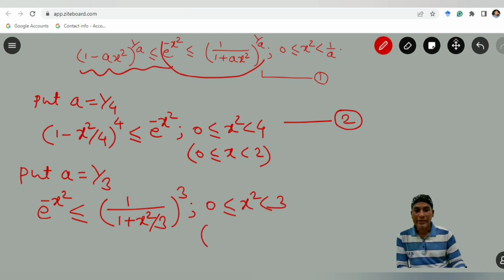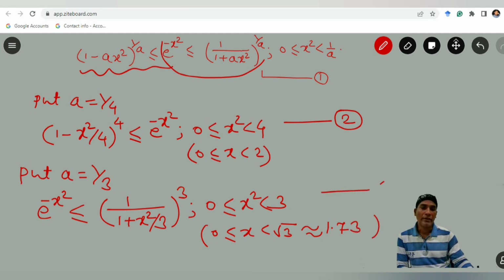That means 0 less than or equal to x less than square root of 3. And here square root of 3 is approximately equal to 1.73, that you know well, right? I call this inequality the third inequality.